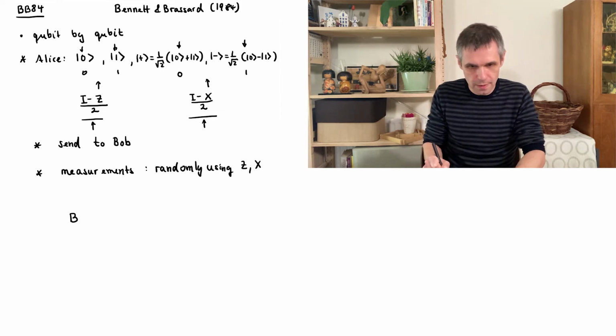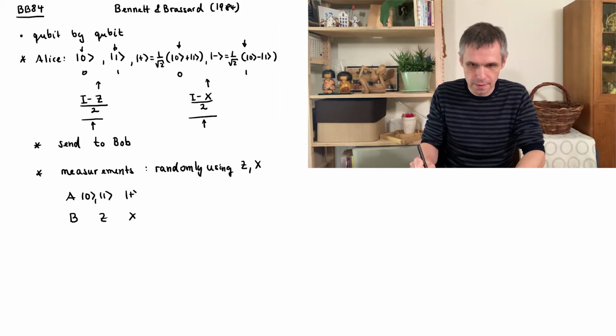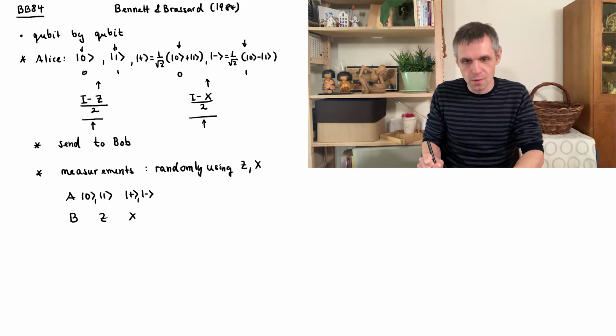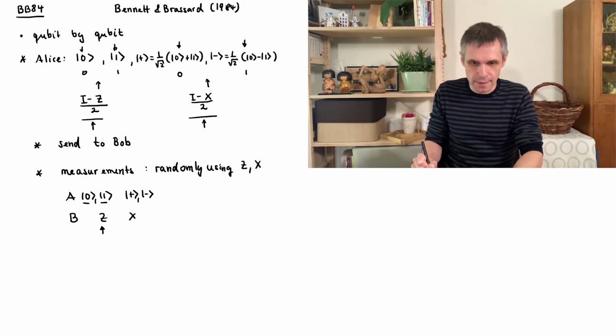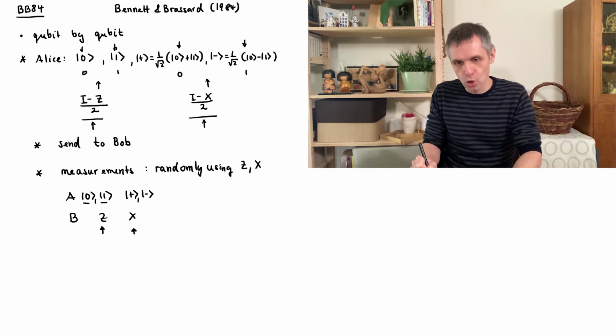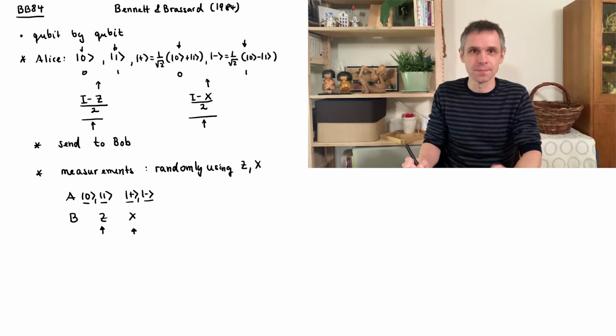Bob's measurements, utilizing Z or X, might coincide with the basis in which Alice prepared her quantum bits. So Bob's measurement might have involved, for instance, the observable Z on a quantum bit which Alice prepared either in the state 0 or in the state 1. And in some other instances, Bob might have carried out a measurement utilizing the observable X on qubits which were prepared by Alice in these two states here.